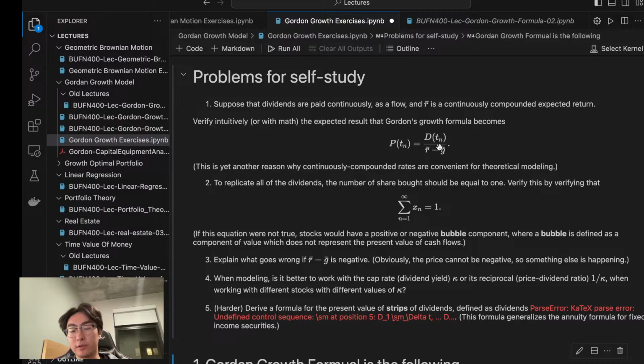So the present value of $1 at some time in the future. In this case, it'll be using continuously compounded rates. And so we have to show that that is equal to D of Tn over R minus G. Okay.